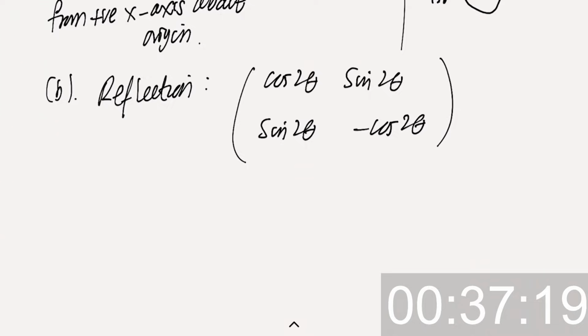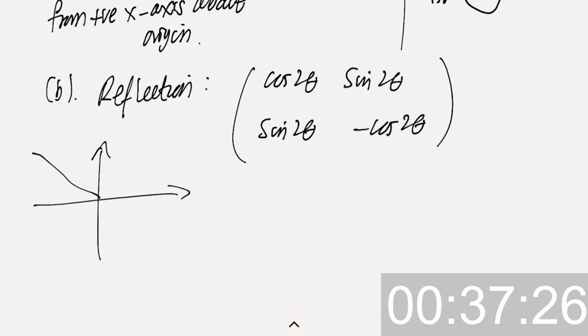And here, the theta represents the angle of your line of reflection, again with the positive x-axis. So if I want a reflection in y equals minus x, that's this line here. So my angle theta there is a bit past, so that's 3 pi over 4. So theta is 3 pi over 4 there.